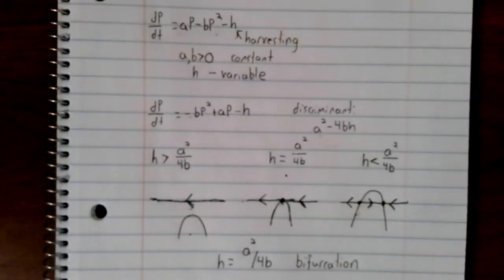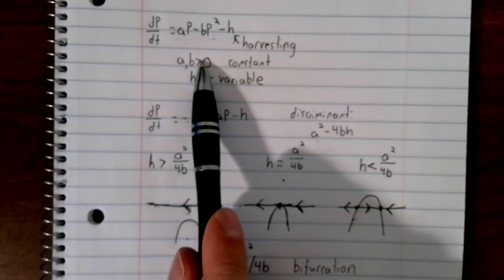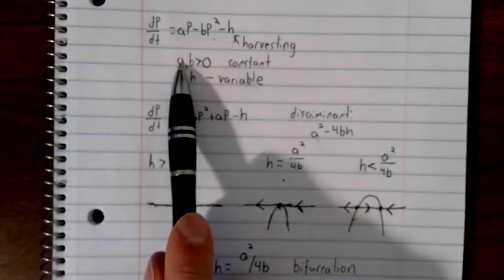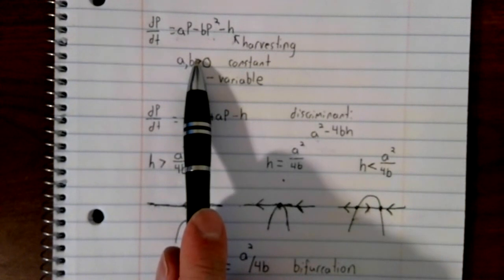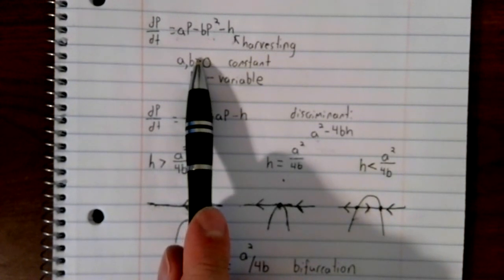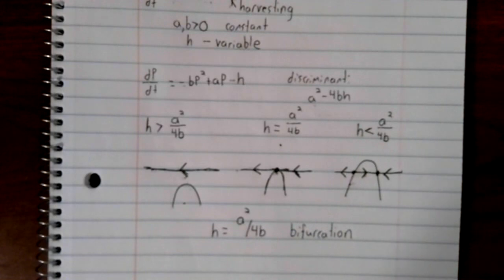Suppose that we alter our parameters slightly. This a changes a little, this b changes a little. Then this bifurcation value changes a little. But the basic behavior of the system doesn't change.